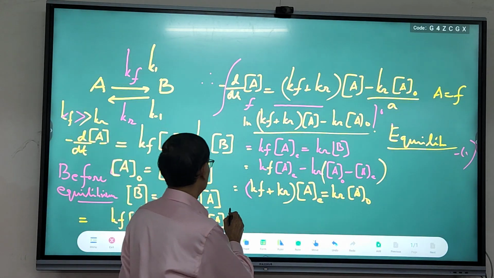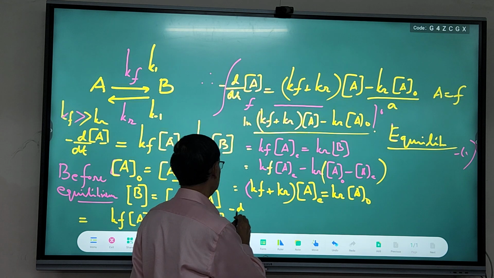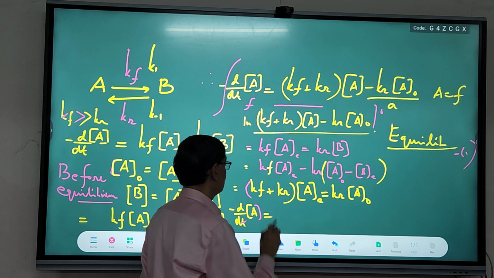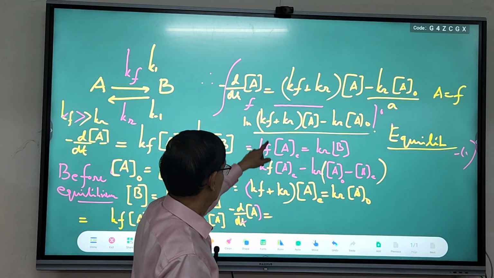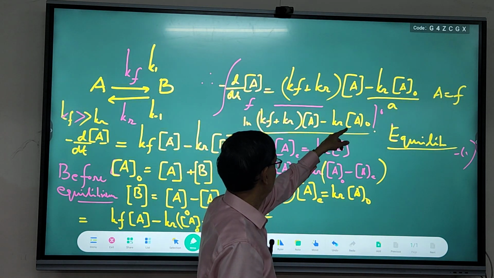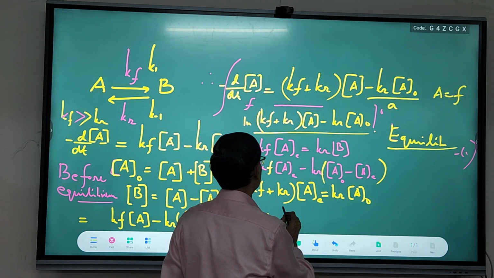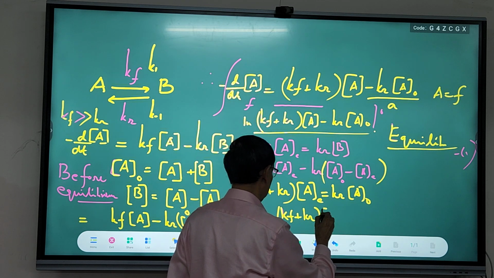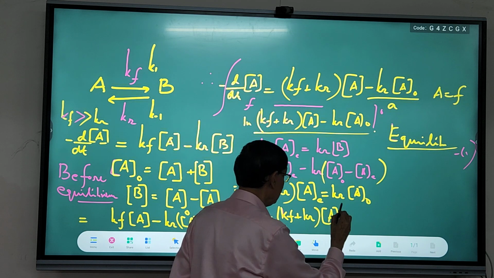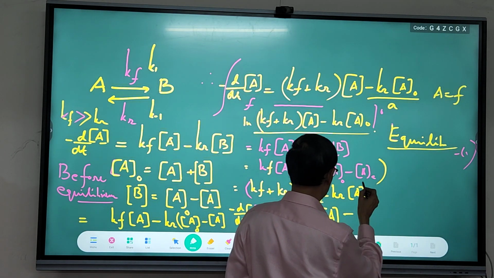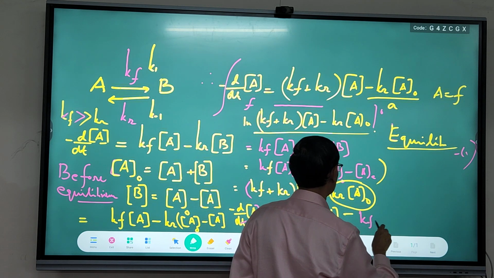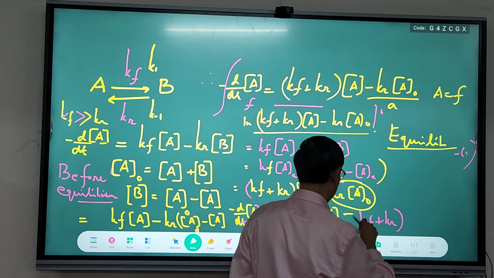So therefore, again the same thing, minus d by dt of A. This is the final step. So in place of K0 we can write like that, Kf plus Kr A E minus, now you know the value of Kr A0, so it is Kf plus Kr A.